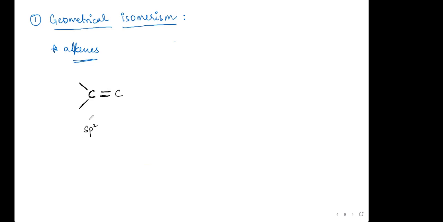And in sp2 hybridization, what is the bond angle? 120 degrees. That's where that V shape comes from. Because it's sp2, all of these are flat in the same plane and all aligned at 120 degrees.